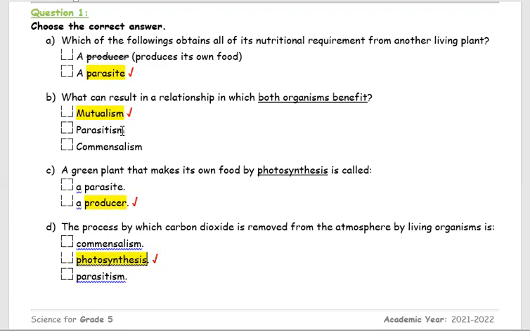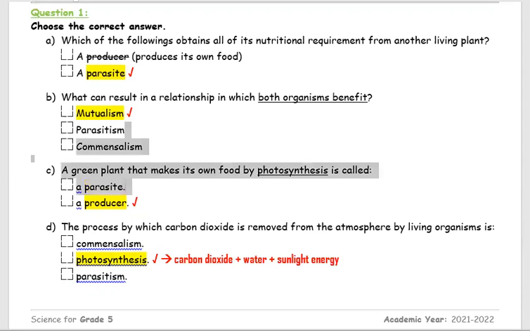Since for photosynthesis, plants need carbon dioxide, water, and sunlight energy. So plants take carbon dioxide from the atmosphere to go through this important process.